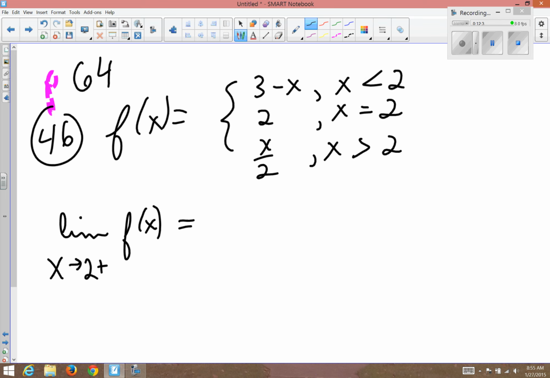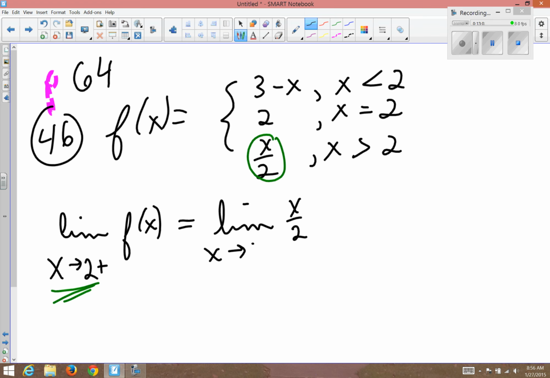But first I ask myself, if x is on the right side of 2, like 2.1, f of x is which one of these? It's going to be this one, because this is what f of x equals if x is greater than 2. Greater than 2 means on the right side of 2. So we rewrite this question by replacing the f of x with x over 2.